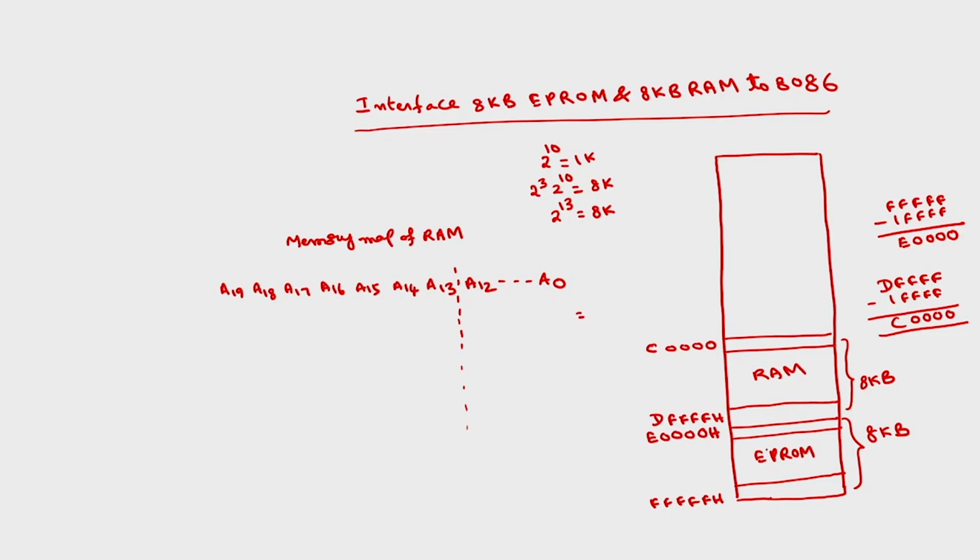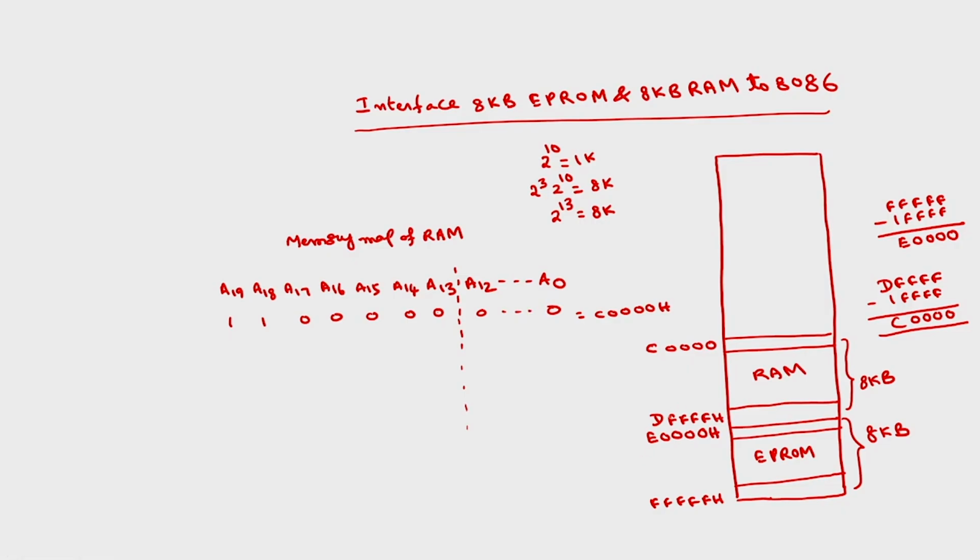The starting address for RAM is C0000H. So what will be the bits A19 to A0? C is 12, which is 1100, and 0 is 0000, and then all zeros.